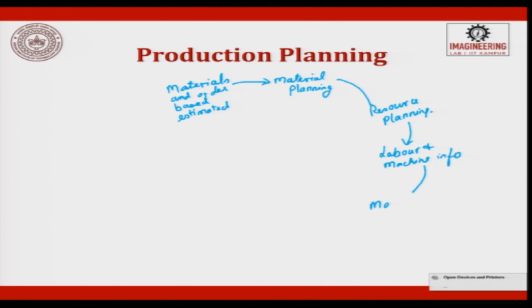Then we will have management. So, you decide that you need so many manpower for producing it, then all the manpower cannot be called in one shot. You will have to batch them and stagger, then ask them to come. So, you will have to manage their shifts and holidays, because holidays are very important.